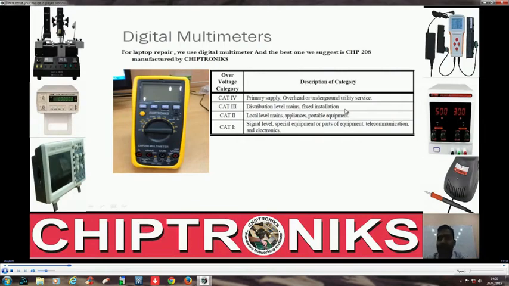Again, this is not for our purpose, because the purpose is to repair a notebook motherboard or a desktop motherboard or a tablet. For us, we need a category 1 multimeter, and CHP208 is a category 1 multimeter, an auto ranging multimeter, a multimeter which can measure logic also. I'll discuss what exactly logic means, and how it can be helpful if we use a logic multimeter.